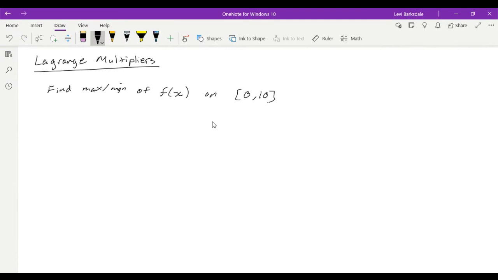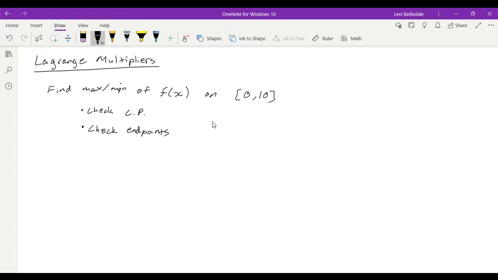And there would be two things you would need to check for. First, you need to check the critical points, the places where the first derivative was equal to 0. But then you would also need to check the endpoints. Because you would need to make sure that f of 0 wasn't a max or min and f of 10 wasn't a max or min.